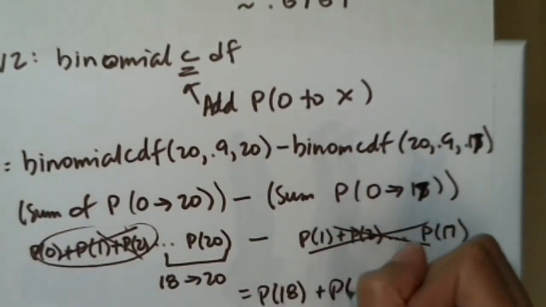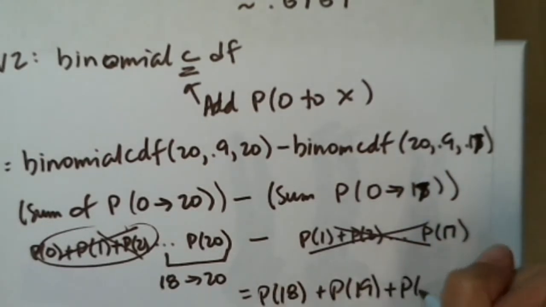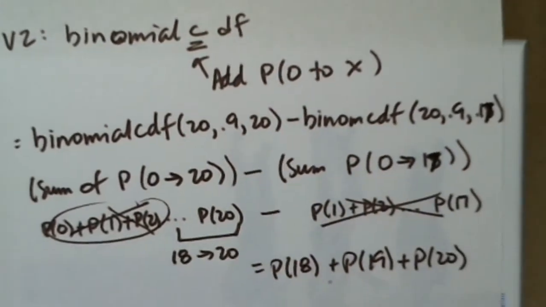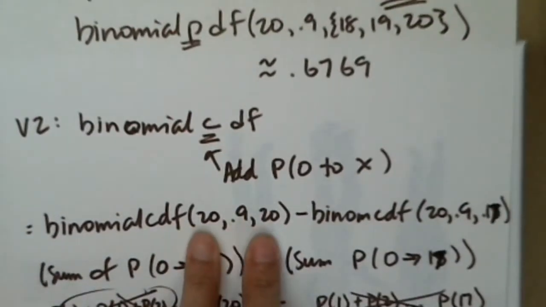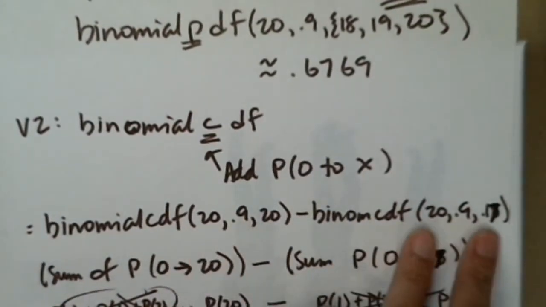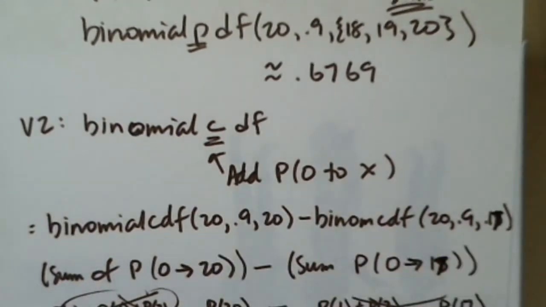So 18, 19, and 20. Plus the keystrokes are way simpler. We take all the way up to 20, and then we subtract up to what we don't want. So I subtract up to 17.